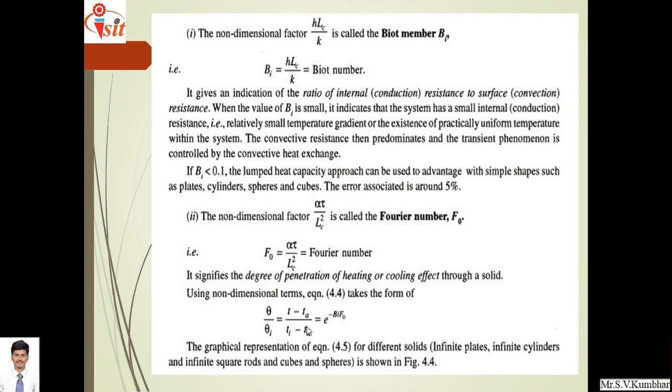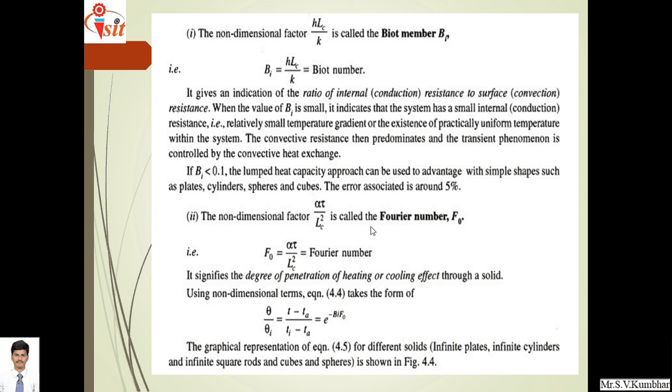That is, when the Biot number is less than 0.1, the lumped heat system approach can be used to advantage with simple shapes such as plate, cylinder, sphere, cube, etc. The error associated with it is 5%. The second non-dimensional factor, alpha t/Lc², is known as the Fourier number, Fo.